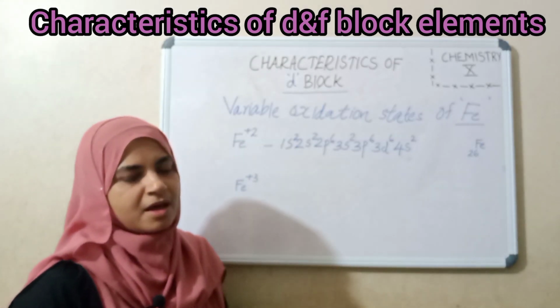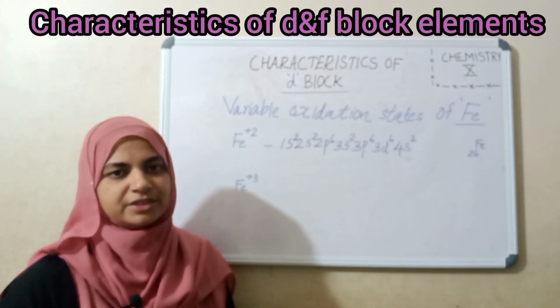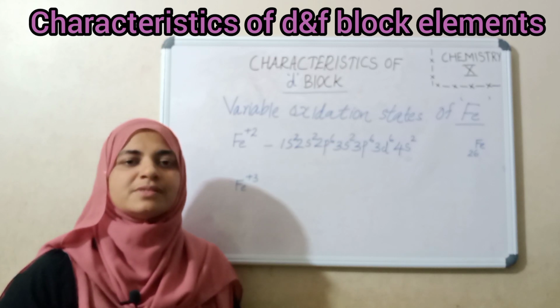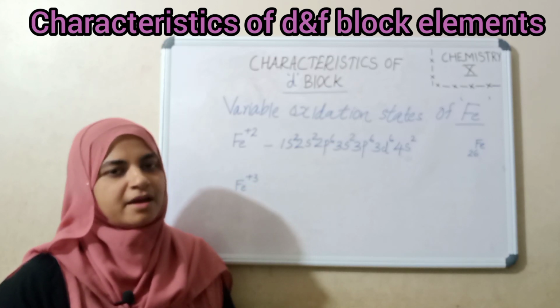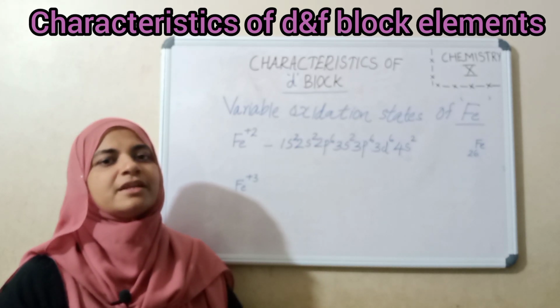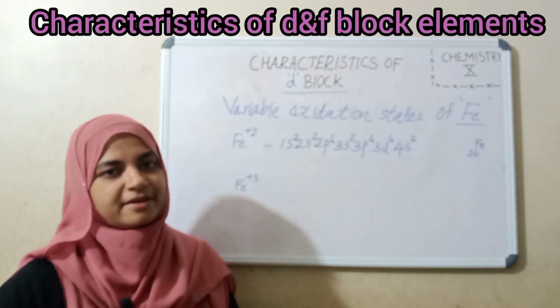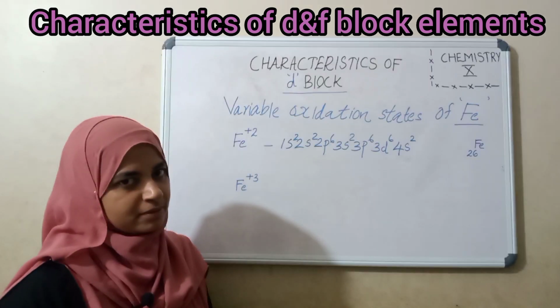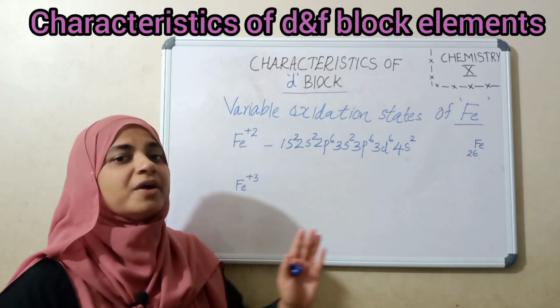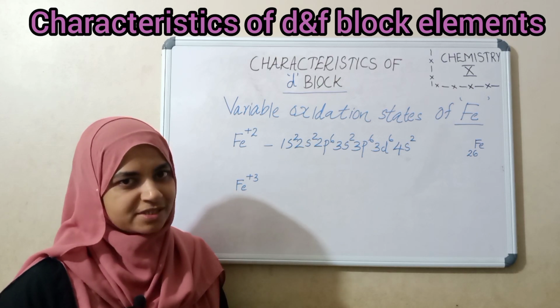Fe26. We know in a chemical reaction, the electrons in the outermost shell participate. Here, the electrons in the outermost shell are donated. For Fe plus 2 ion, Fe donated 2 electrons.